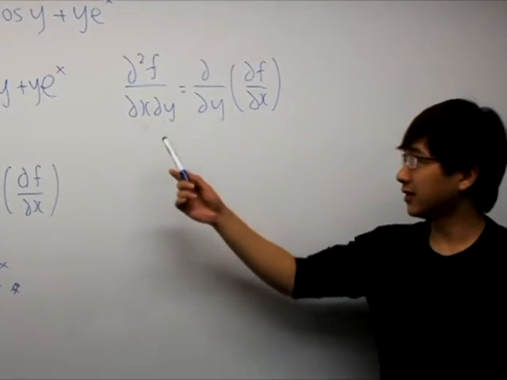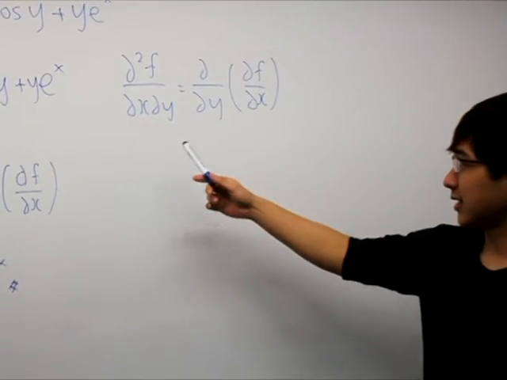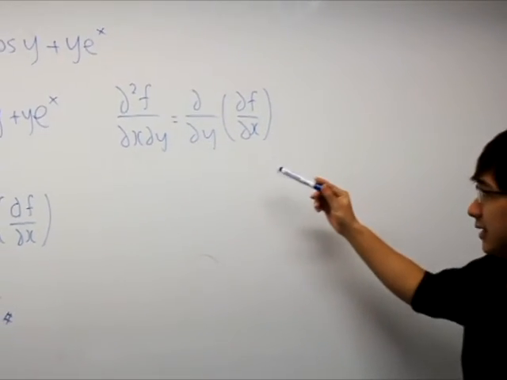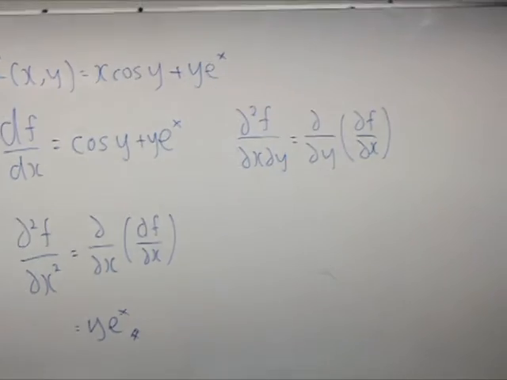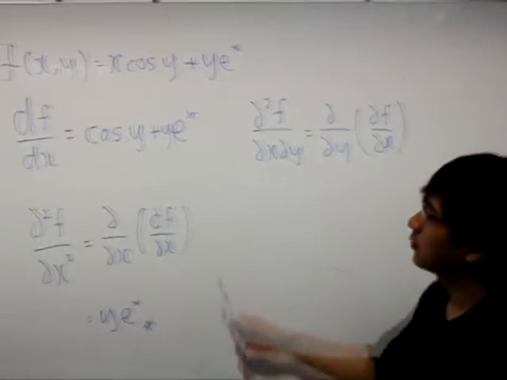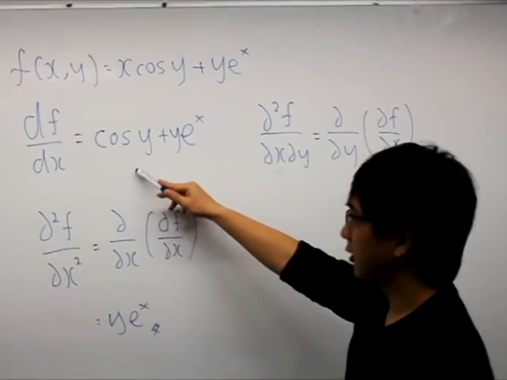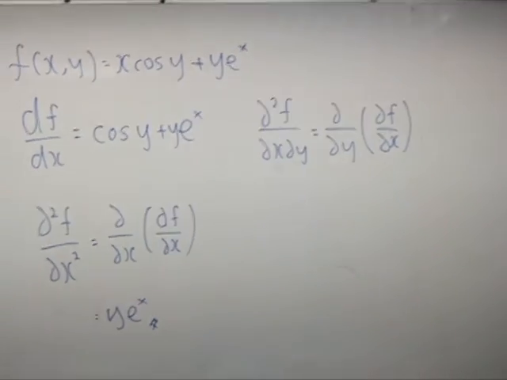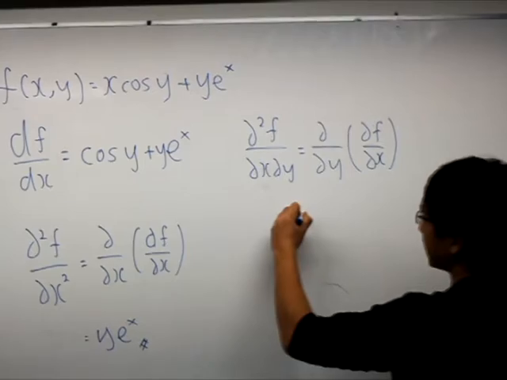When you find d squared f over dx dy, it means that you have to differentiate df over dx in terms of y. As we previously calculated, df over dx equals cos y plus y e^x. When you differentiate in terms of y, the x will be a constant.